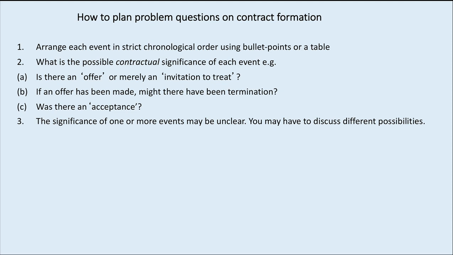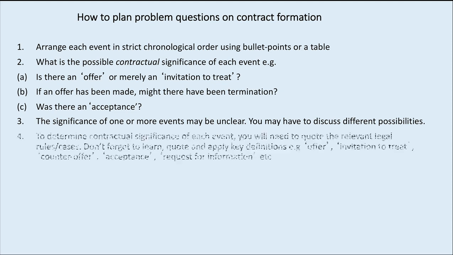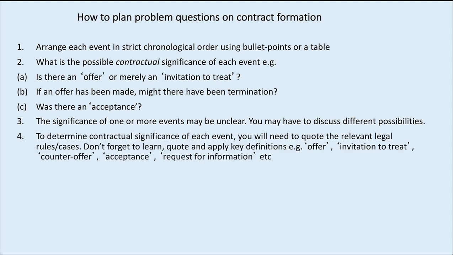So, as you analyse the contractual significance of each event within your chronology, you're going to have to quote the relevant legal rules that will help you resolve each issue you've identified, as well as the names of the cases in which these rules were either established or applied.